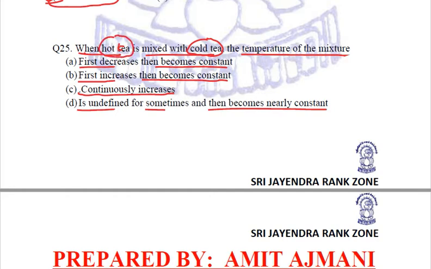So the moment we start mixing the hot tea into the cold tea, the temperature of the cold tea will continuously increase. Right? It cannot decrease. It will continuously increase. So C is the right option.